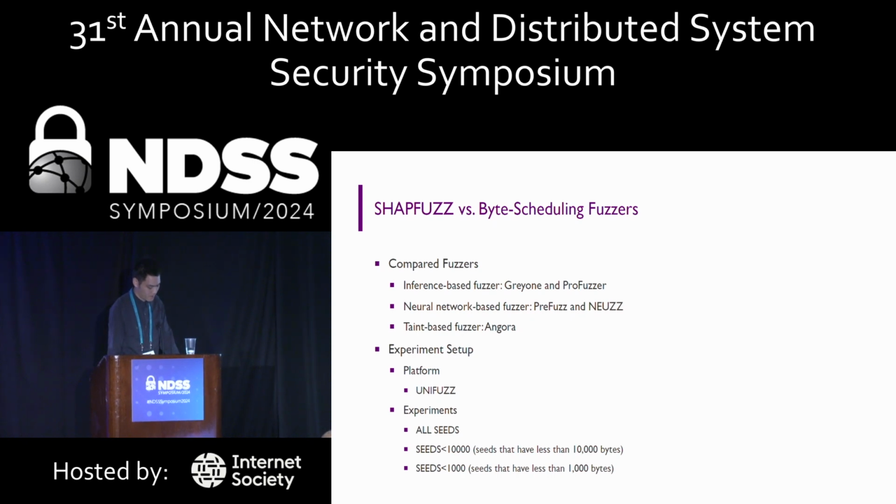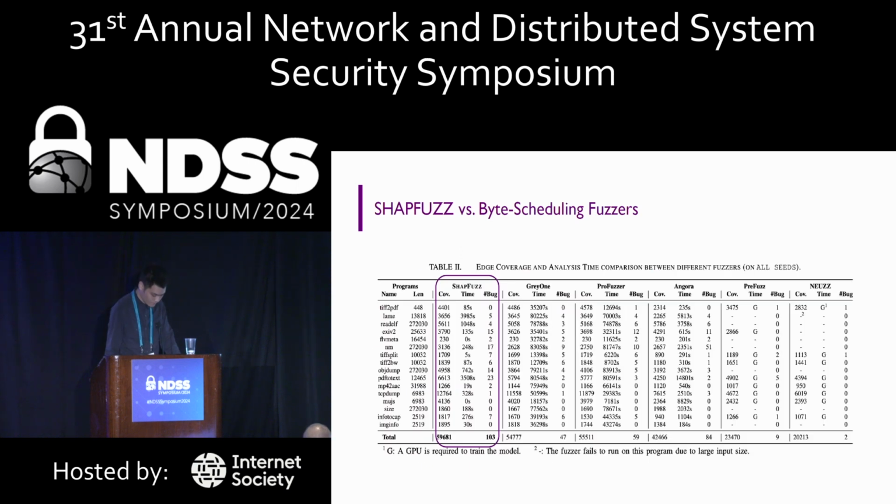Basically, we compared ShapFuzz with 5 state-of-the-art fuzzers, including Gray1, ProFuzzer, News, Prefuzz, and Angora. From this table, with all the initial sets provided, ShapFuzz discovered more edges and more bugs than all other compared fuzzers. ShapFuzz found a total of 103 unique bugs, which is 19 more than the best compared fuzzer, Angora.